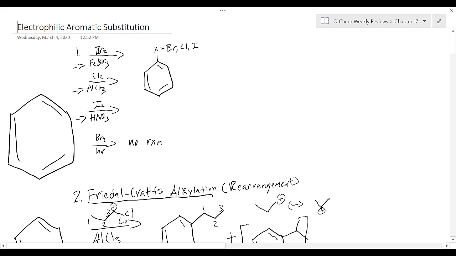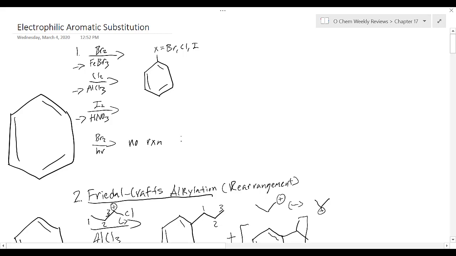So if I wanted to add a bromine, Cl2, or I2, I need these specific solvents to stabilize this position on a benzene ring to add on a halogen. I need those because, if you remember from OChem 1, exam 2, Br2 with heat is a free radical halogenation.